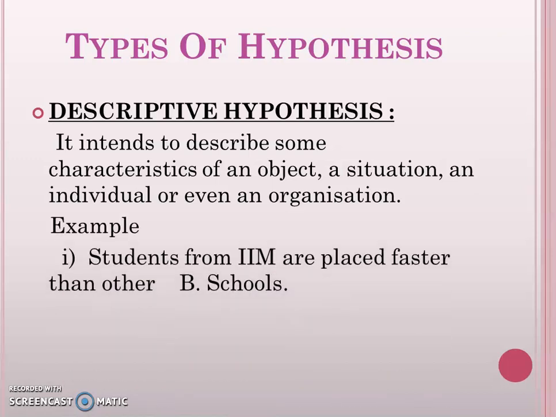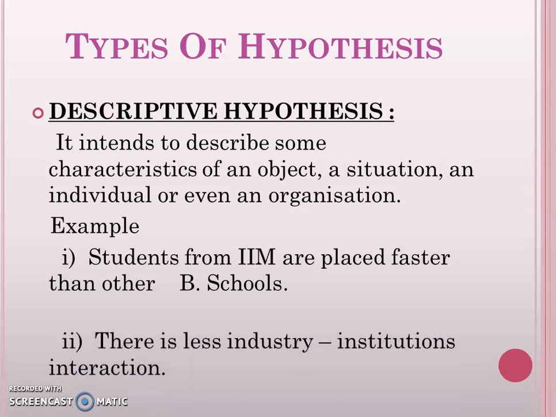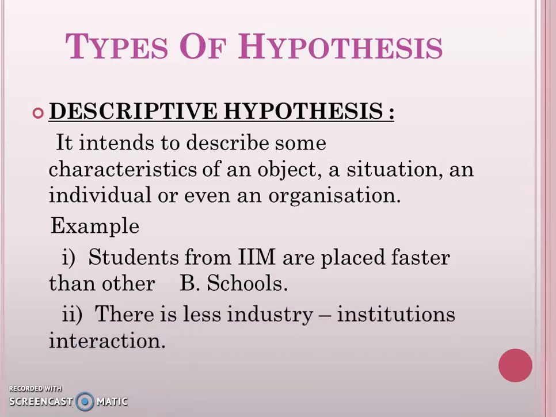For example, students from IIM are placed faster than those from other B schools. This is something which we know. IIM students are getting placements faster than other students. So this is a scenario with regard to an organization or our education system. And the other one, there is less industry institutional interaction.